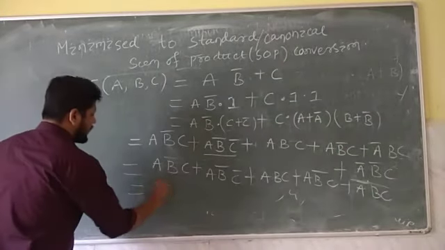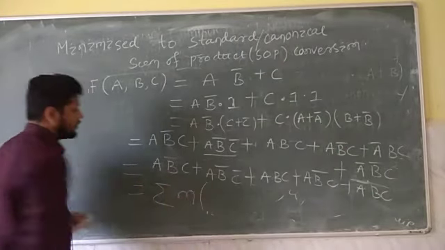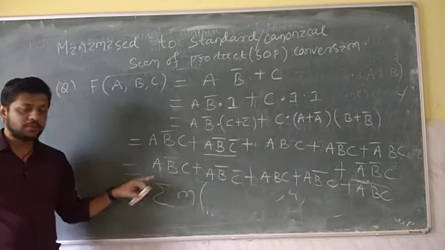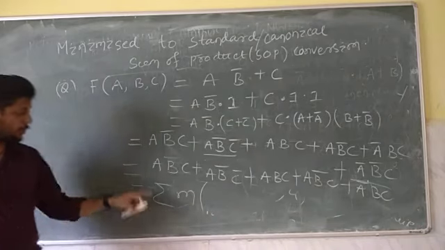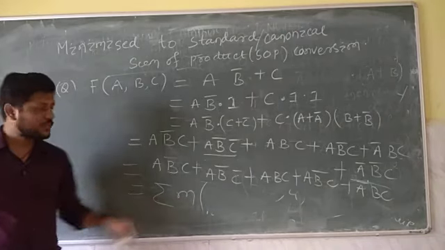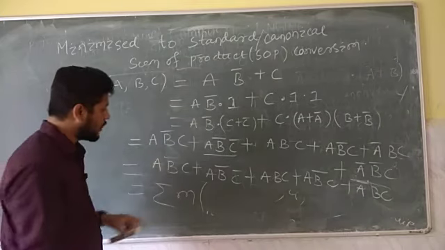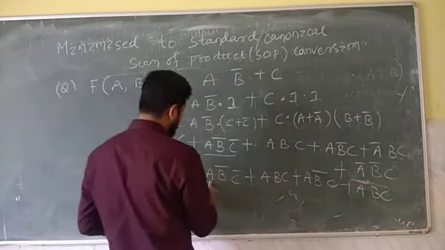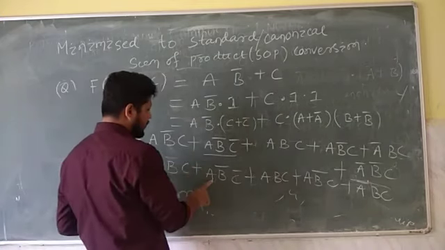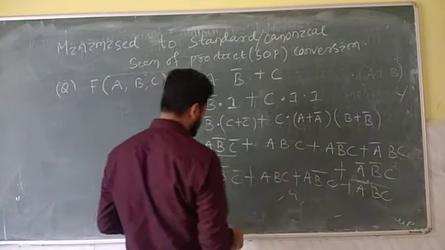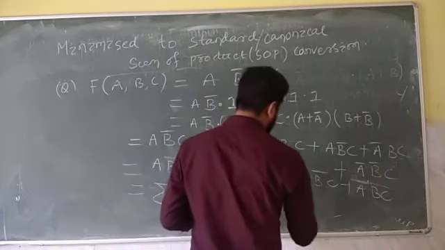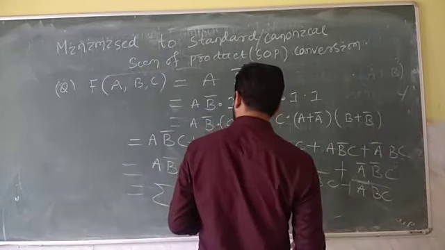So then how to write this in terms of min terms? Summation of m stands for min terms. So 1 0 1 means 5, then 1 0 0 is 4, 1 1 1 is 7, and A bar B bar C is 0 0 1, which is 1.